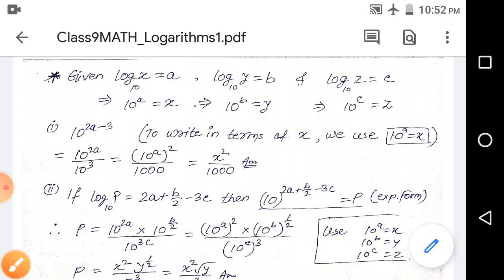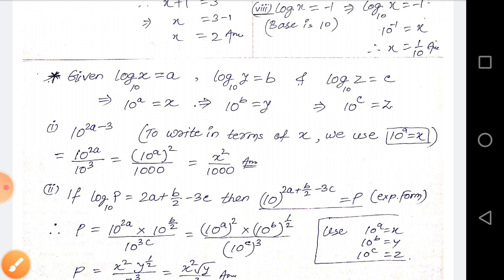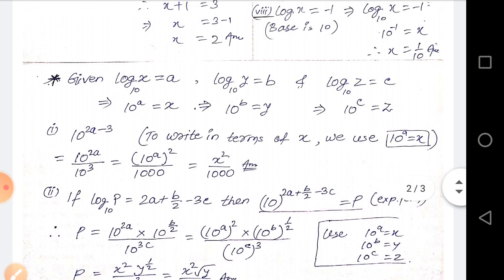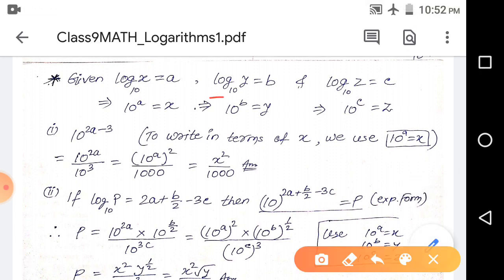Now one more thing is given, this is one of the questions of your exercise 9.1: log base 10 of y equal to b. So we can write 10 to the power b equals y. Here also log base 10 of z equal to c. So 10 to the power c equals z.